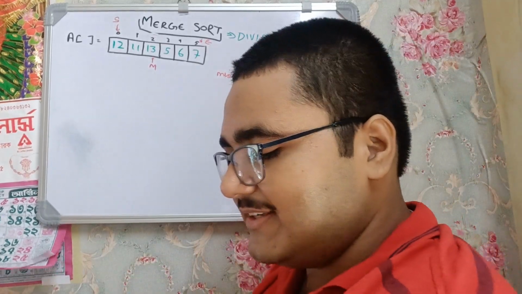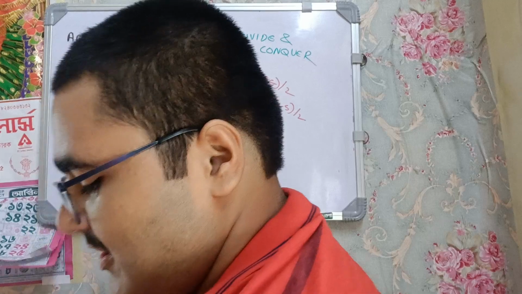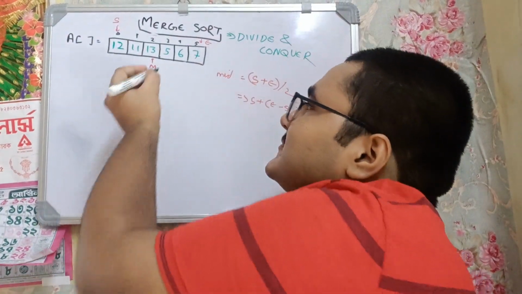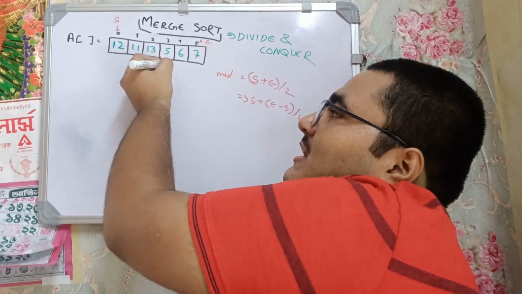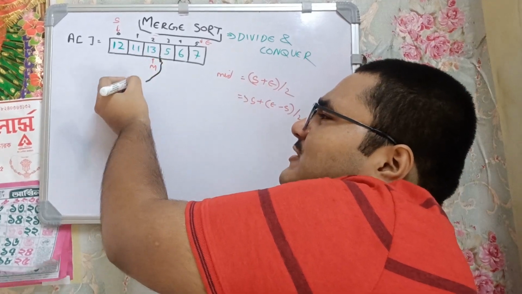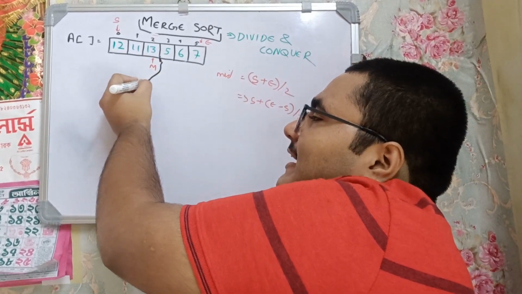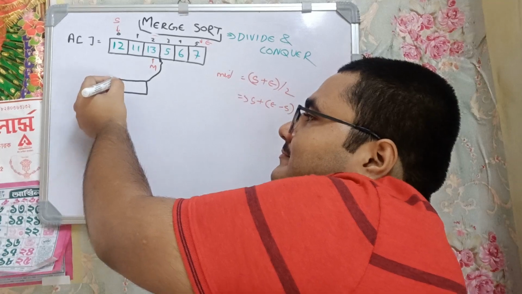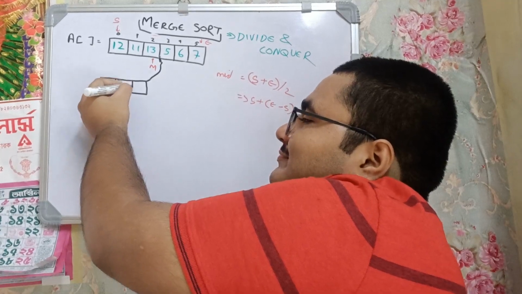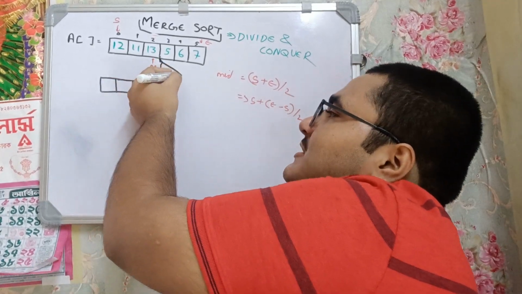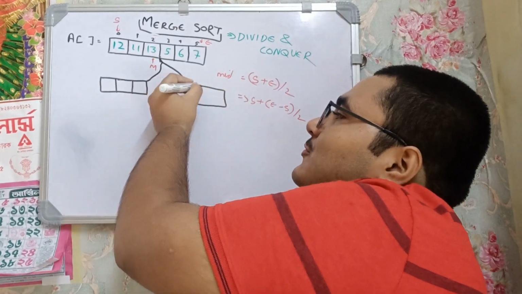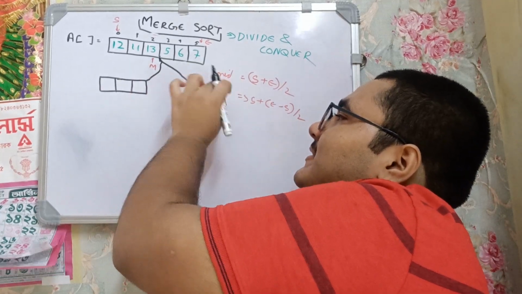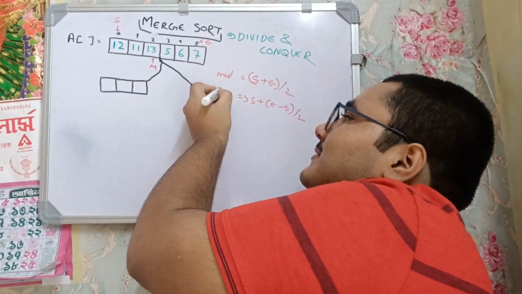So if we divide the array, this is our point of division. One portion contains from 0 to mid, and another portion contains from mid plus 1 to end minus 1.